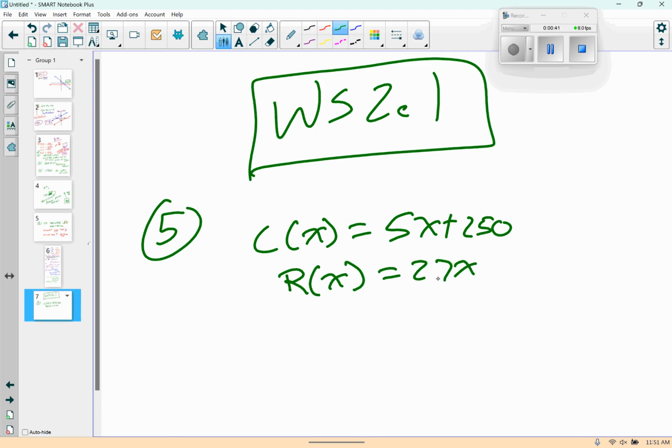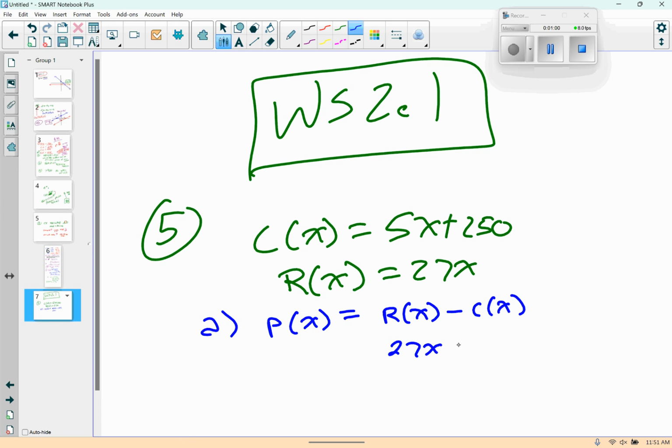So write the profit function. For letter A, the profit function, P at x, is going to be the revenue minus the cost. So I'm going to go 27x minus, and the big mistake that people make is you want to put that whole thing in parentheses.